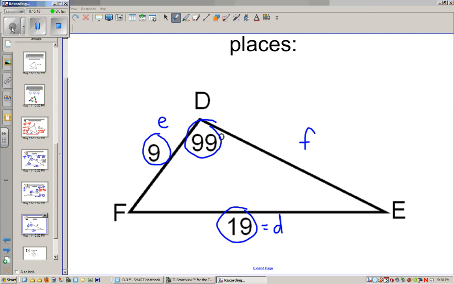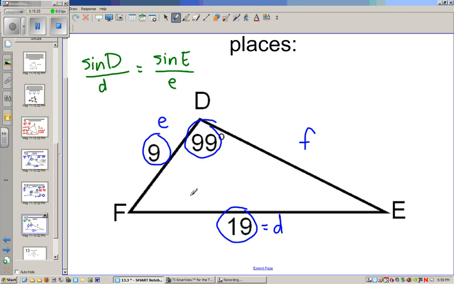So this is going to be a multi-step problem. We're going to have to do sine of D over side length D equal to the sine of E over side length E. And then once we find what this angle E is here, we can figure out angle F and then set up a law of sines with angle F and side length F.